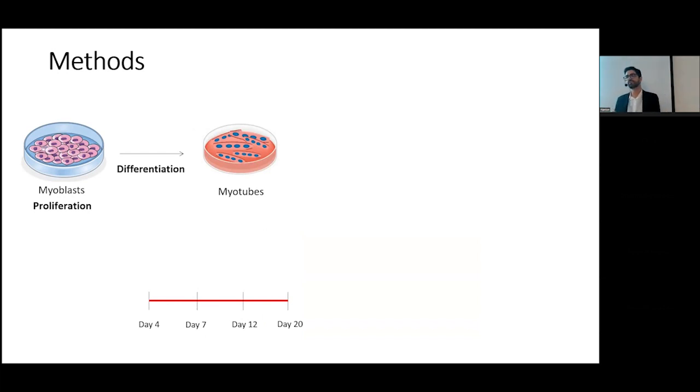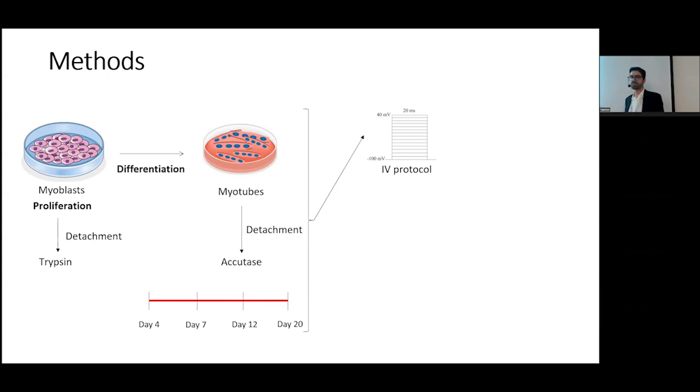Then we used different detachment processes for the two cell types: we used trypsin to detach myoblasts, and we used accutase to detach myotubes. Then we used automated patch clamp, launching an IV protocol and analyzing inward currents, and we also launched other protocols to assess cell stability during recordings.